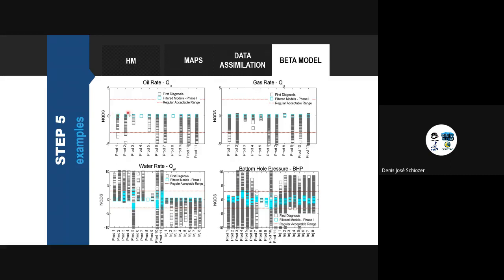Why are we doing this? It is a multi-objective function that we have to use in data simulation, because, for example, if you select a model that is good for everything but not for producer 10, then when we rely on the production forecast of producer 10, it will not be okay.